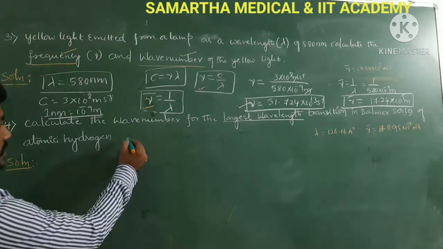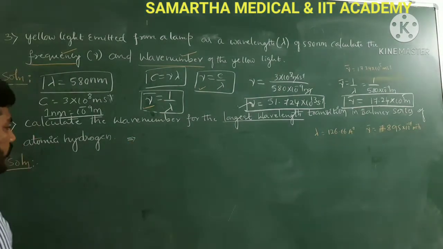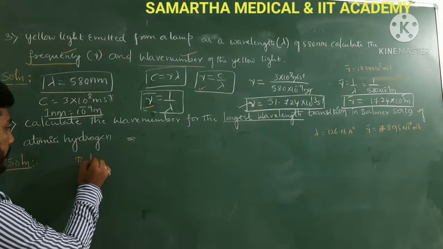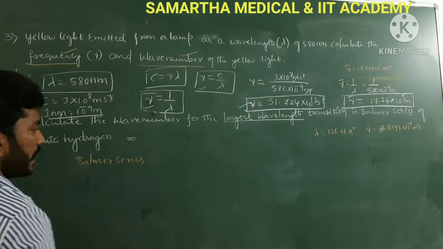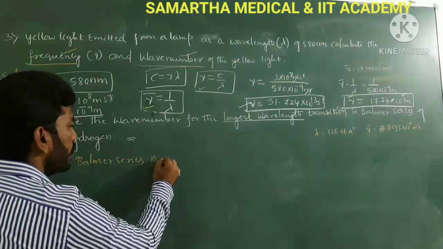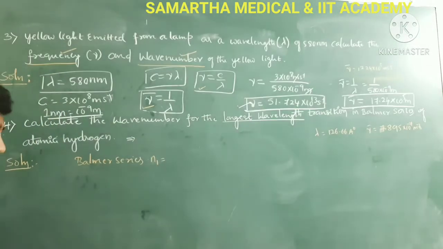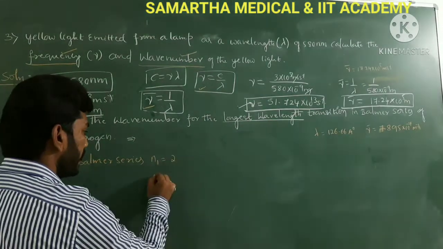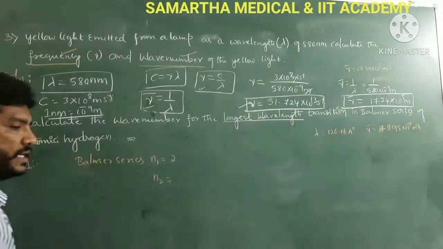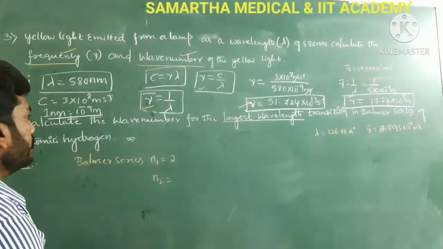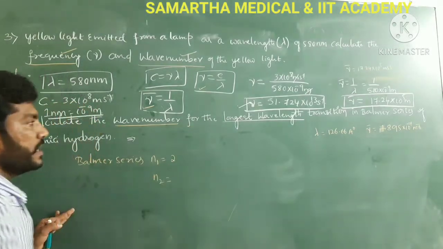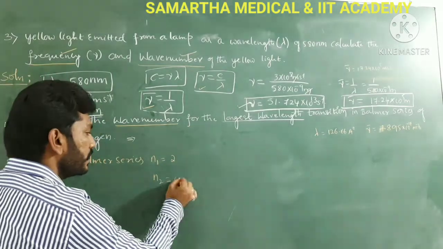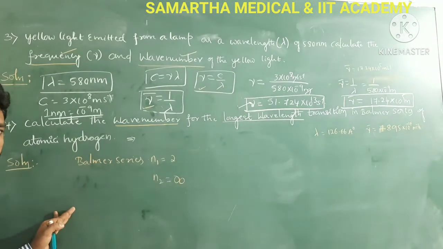In the case of Balmer series, the N1 value will be 2 and the N2 value depends on the lines. Since we are calculating the wave number for the longest wavelength, the N2 value will be 3.